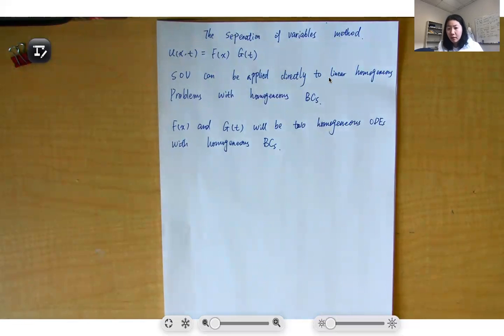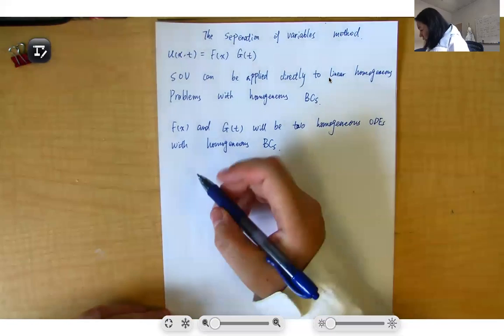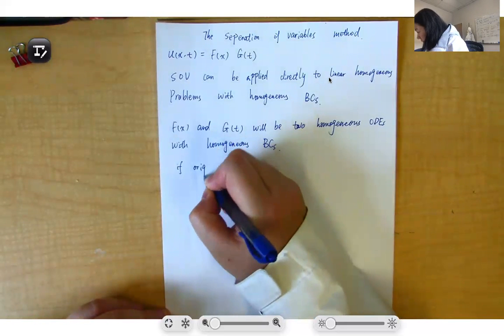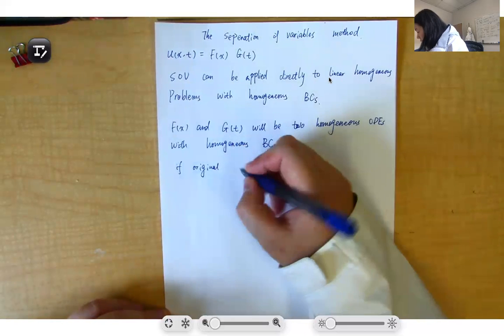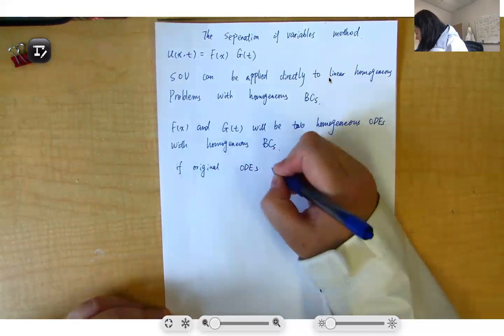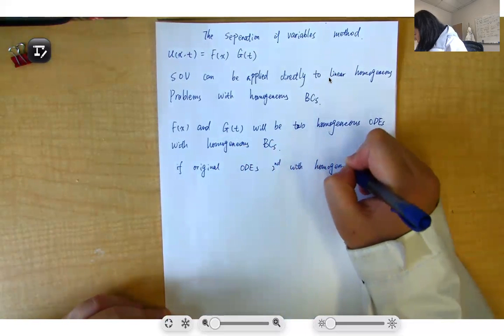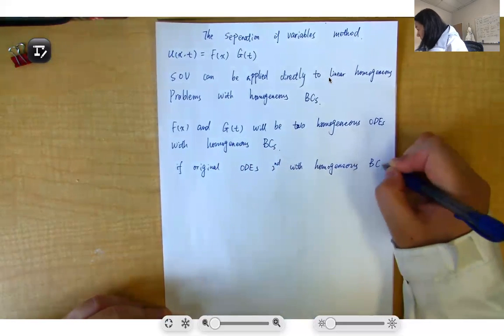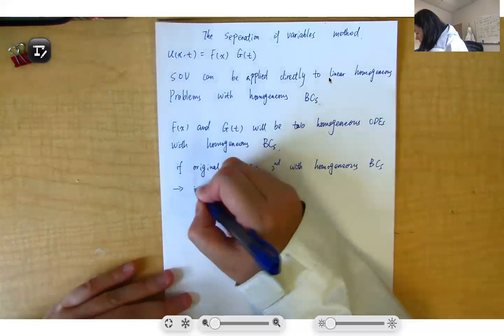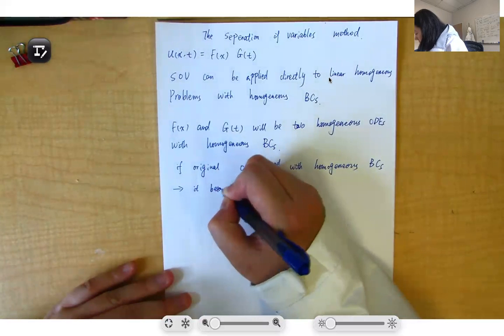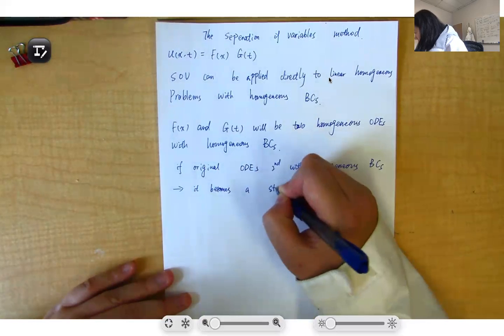And if this is a second order ODE, for example f(x), a second order homogeneous ODE with homogeneous boundary conditions, it will fall into the category of the Sturm-Liouville problem. So if the original ODE is second order with homogeneous boundary conditions, then it becomes a Sturm-Liouville problem.